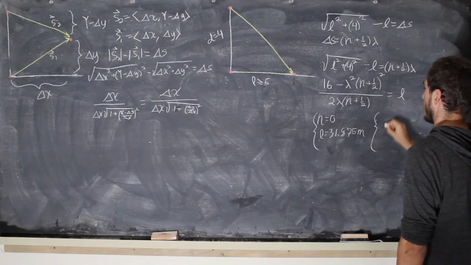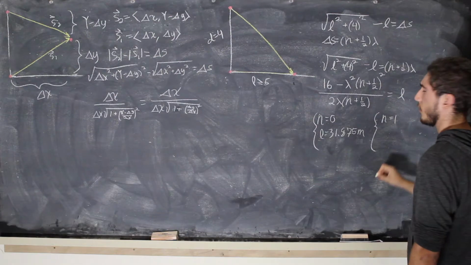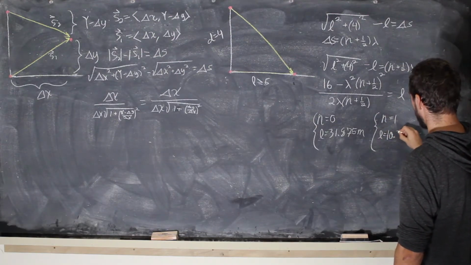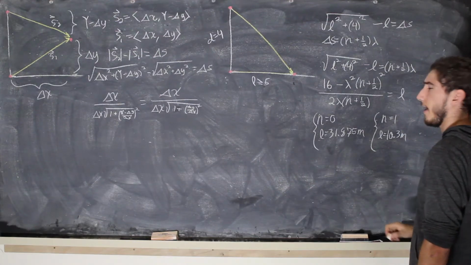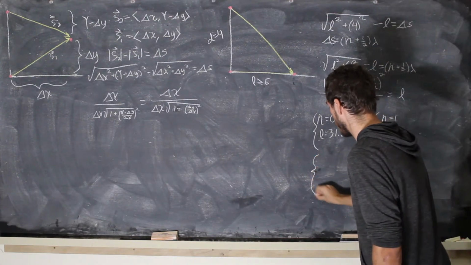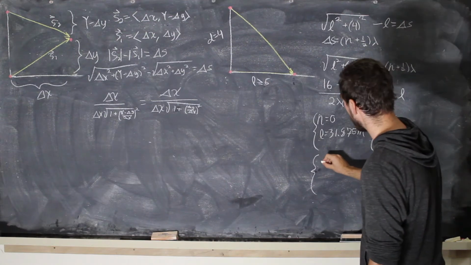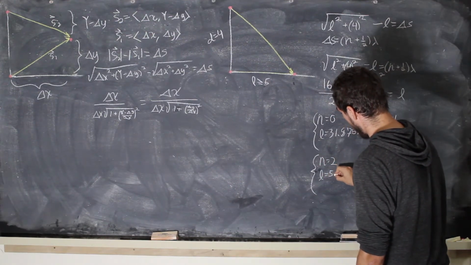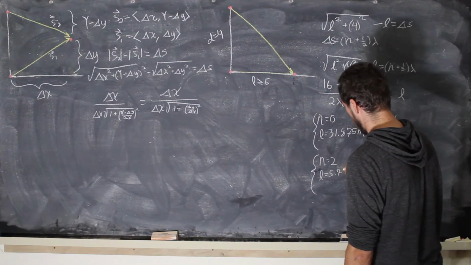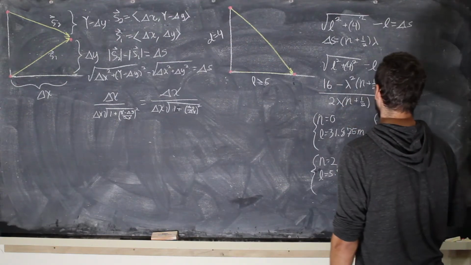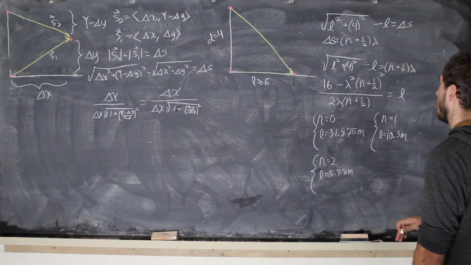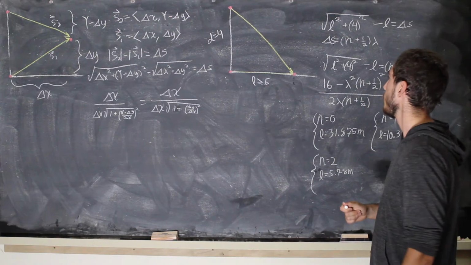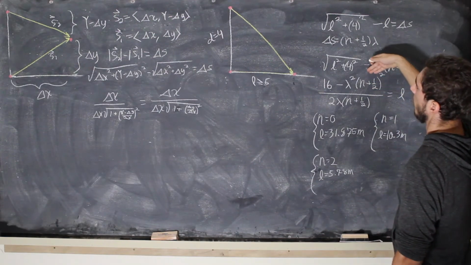And if we plug in n equals 1, we'll have L equal to 10.3 meters. And of course when n equals 2, L will be equal to 5.78 meters. And of course in this case our lambda is equal to 0.5.